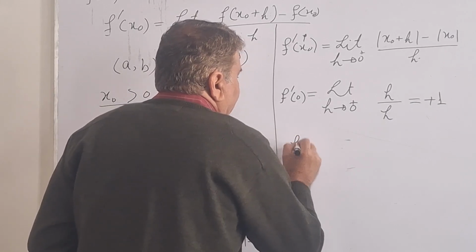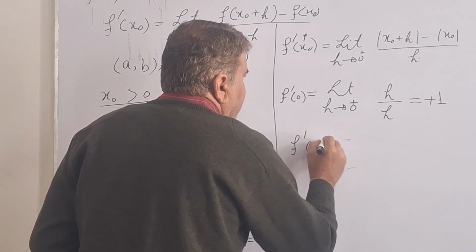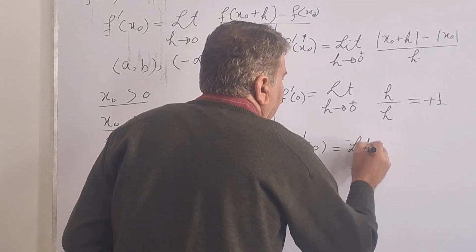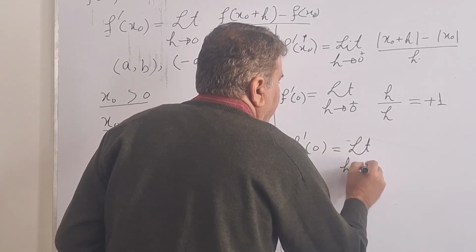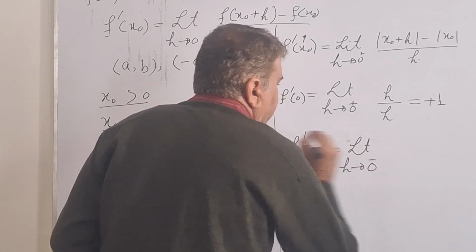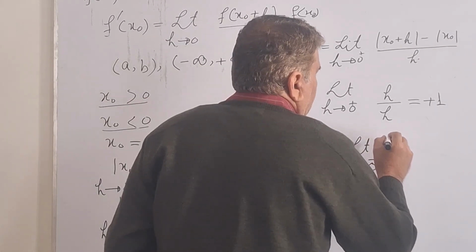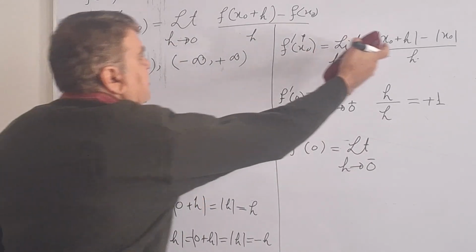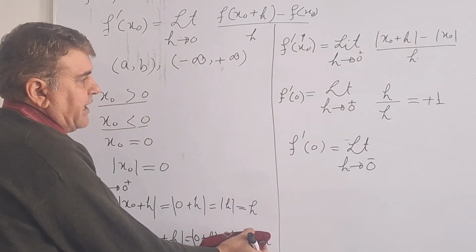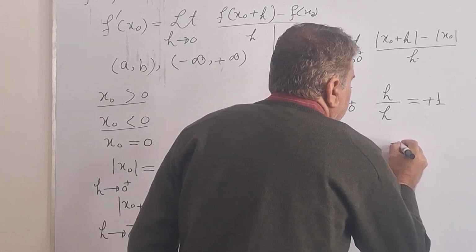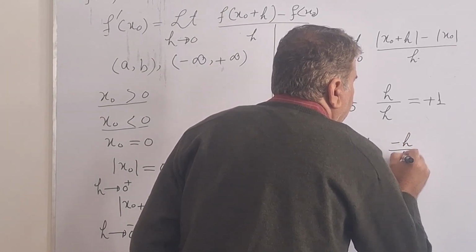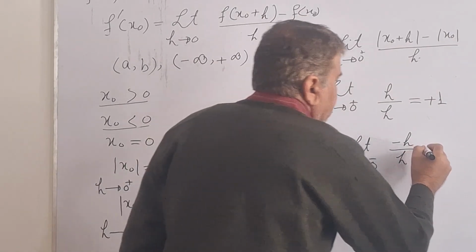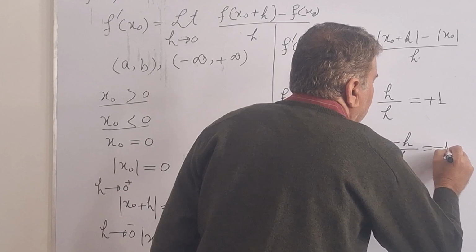Now for the negative case, I write f prime of 0 equals limit h tends to 0 from the negative side. That would become, from the negative side, x naught plus h mod is minus h. So I write minus h divided by h, and x naught is again 0, so I'm not writing that. And this leaves me with minus 1.